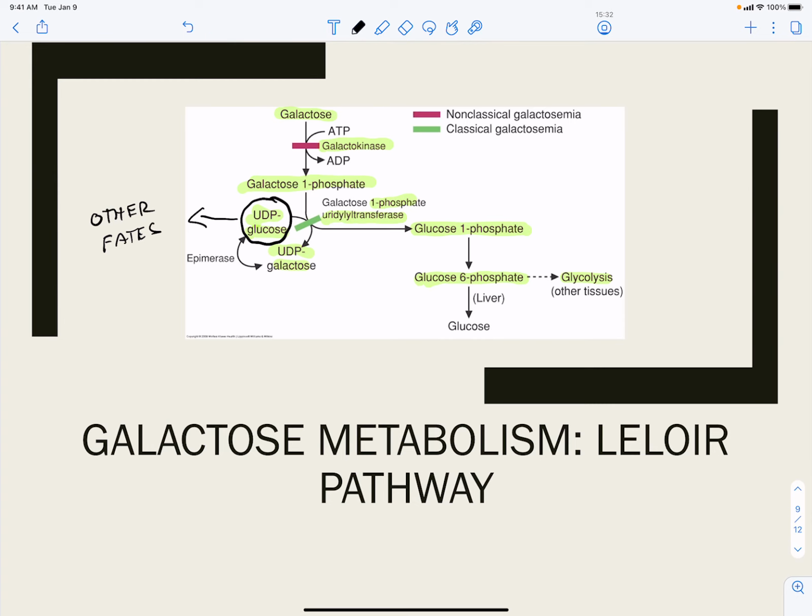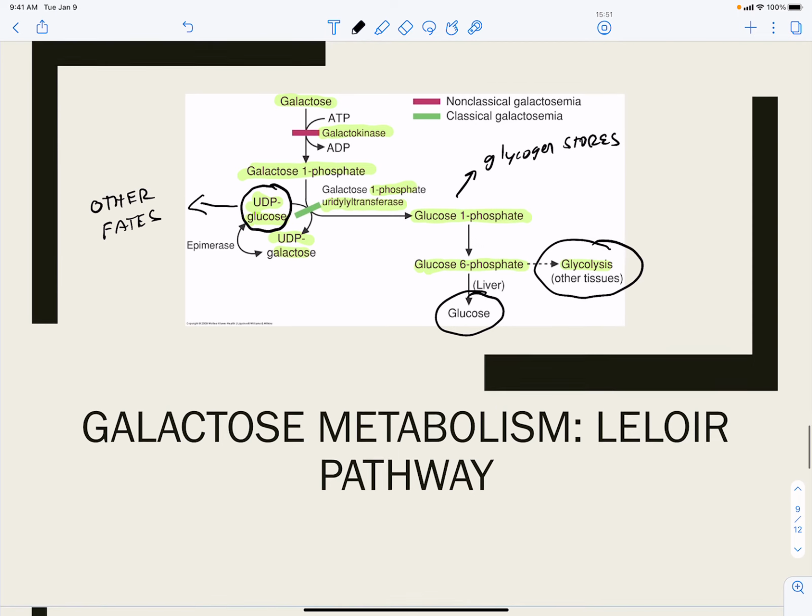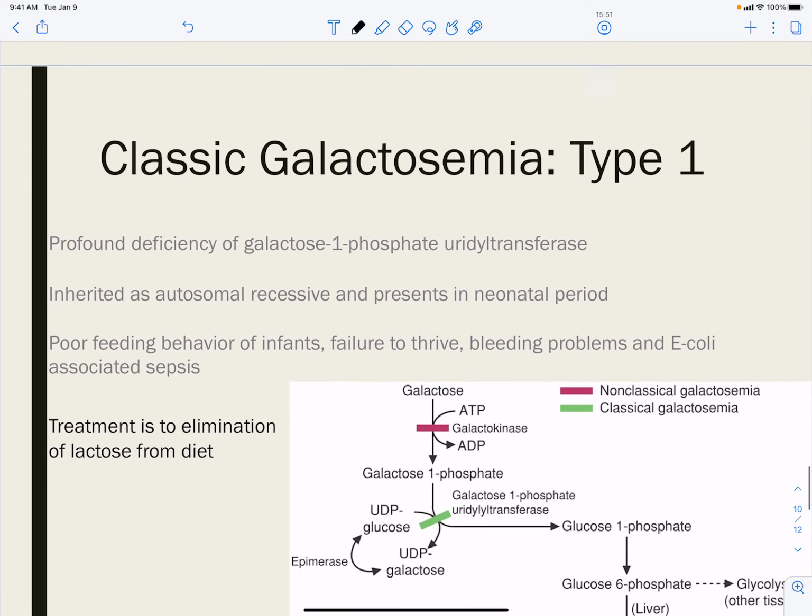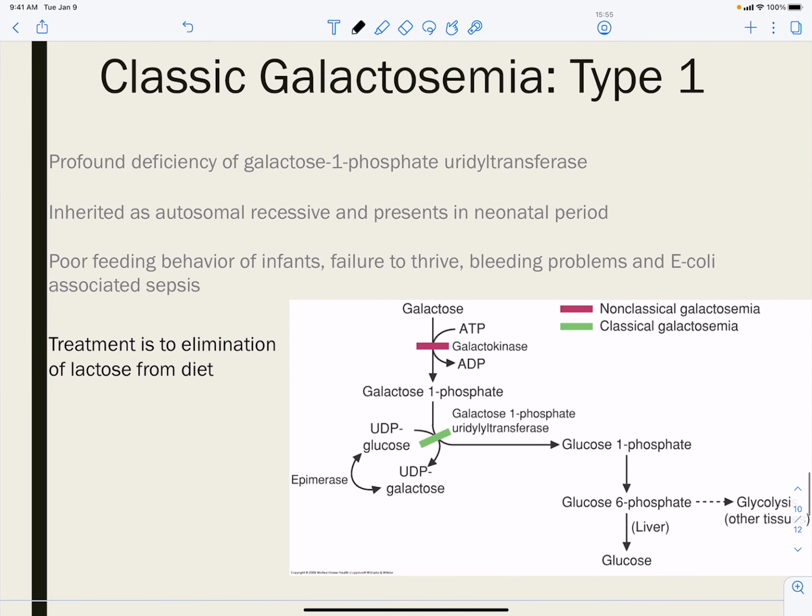UDP glucose can get through to glycolysis, or in the liver can be used for gluconeogenesis, or you can go on to glycogen stores. So for galactose, you don't have to metabolize it all the way through glycolysis. There are other mechanisms. But galactose also does have some disorders.